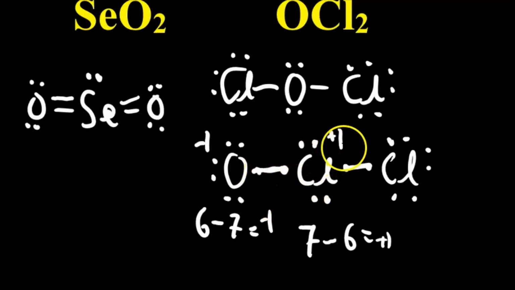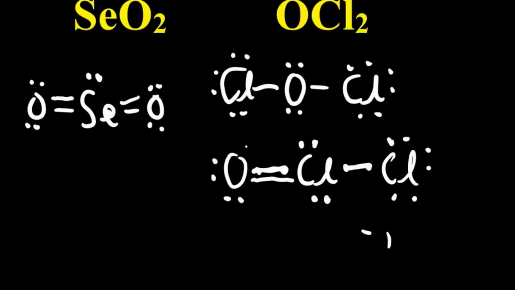But how would we fix this? Our last step for a central atom that's not in the second row, not carbon or nitrogen: we want the owned to equal the expected, so this chlorine would need an extra electron. That means it would have to grab an electron from oxygen here. And if we do that, we're no longer charged.